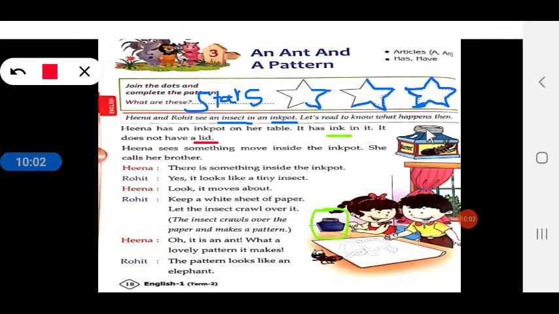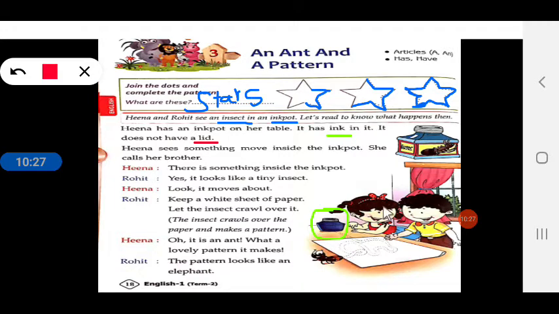So we say lid. Actually this ink pot does not have a lid. So what will happen without a lid on the ink pot? Something will fall down into that ink pot, correct? Have you understood? And Hina sees something move inside the ink pot.